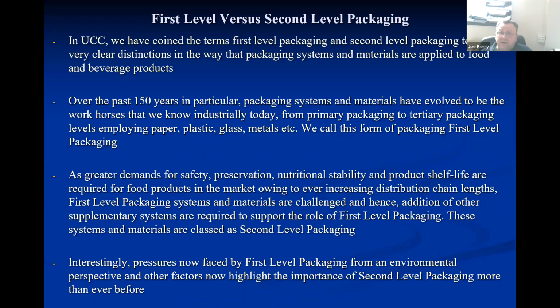So essentially, we try to keep these terms very simple. First level packaging is really the packaging that has evolved over the last 150 odd years, both in terms of format and in terms of materials. And essentially, it's what we typically see when we walk into the supermarket and see the products on the supermarket shelf.